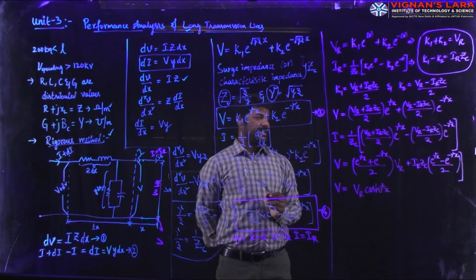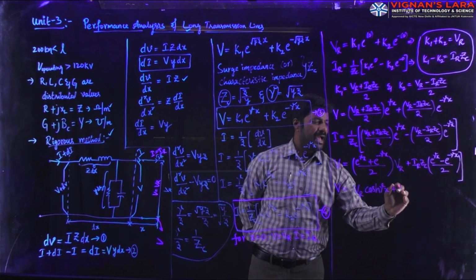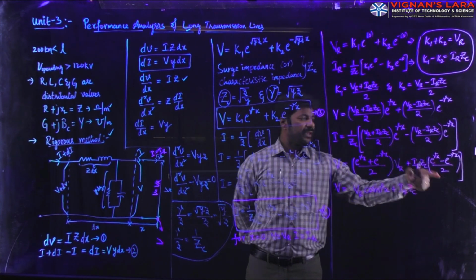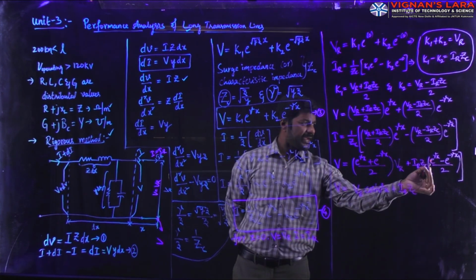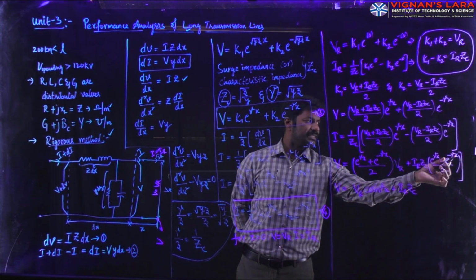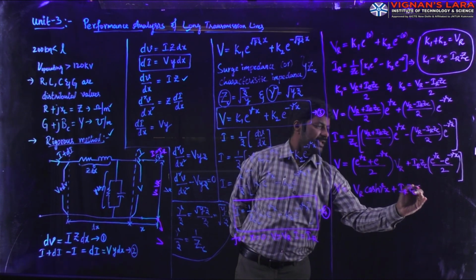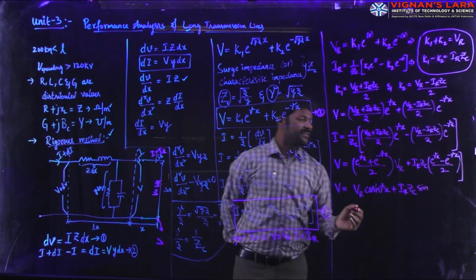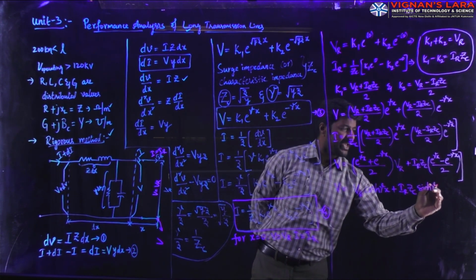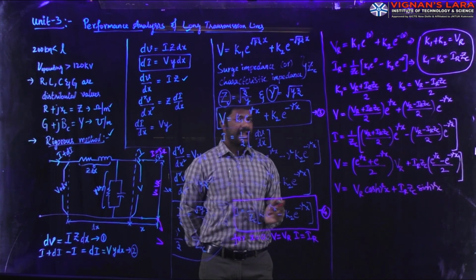Plus IR ZC multiplied by (e to the power gamma x minus e to the power minus gamma x) by 2, which is the hyperbolic term sinh gamma x. Okay, V in terms of VR and IR we got it.